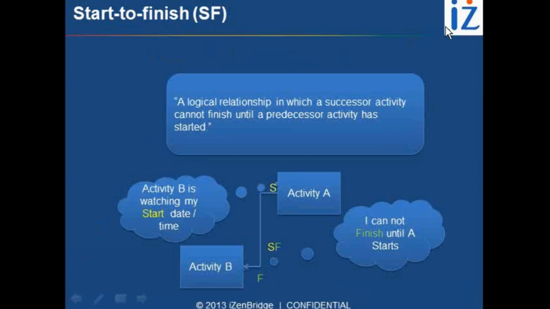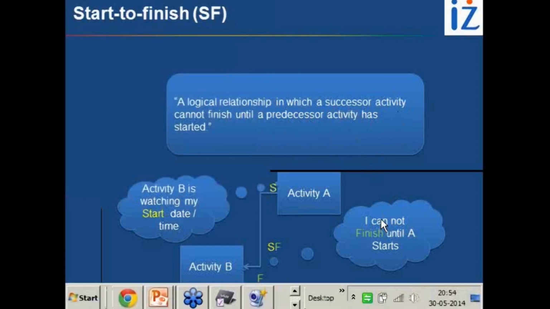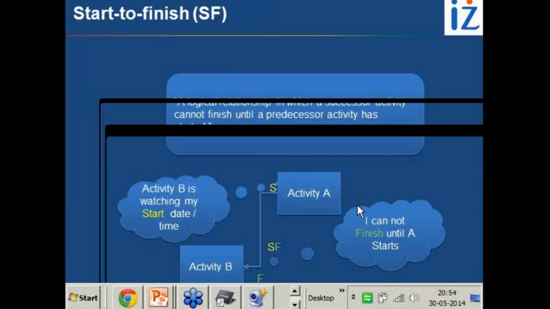Have I said that? In a logical relationship, a successor activity cannot finish until a predecessor activity has started. So predecessor activity A: the B activity cannot finish until activity A has started. That is what the language is all about.